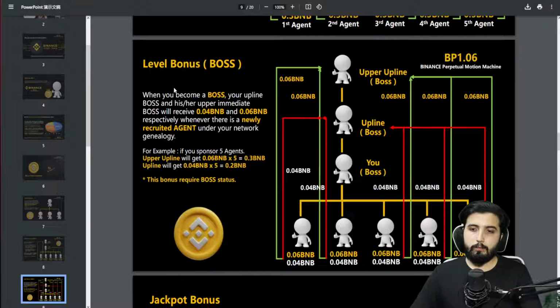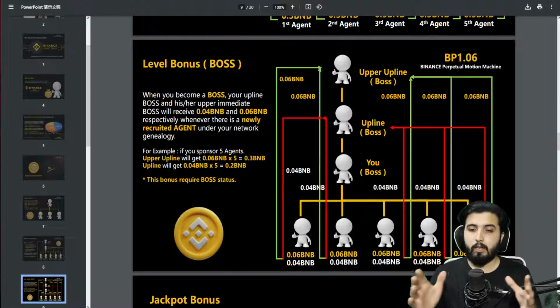What happens here is, when you become a boss, your upline boss and his or her upper upline boss will receive 0.04 BNB and 0.06 BNB respectively whenever there's a newly recruited agent under your network genealogy.